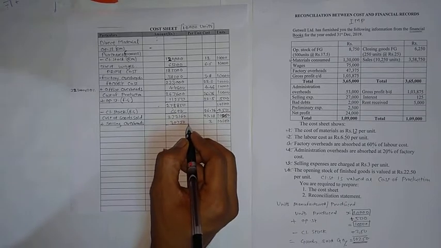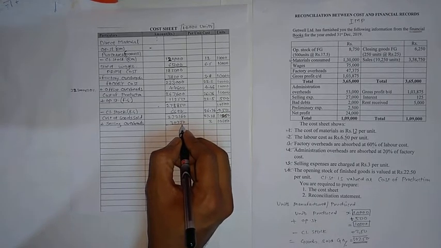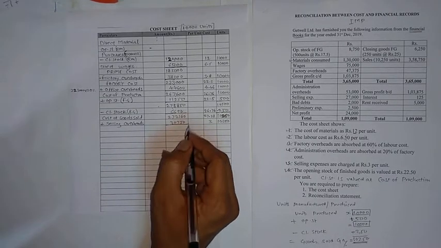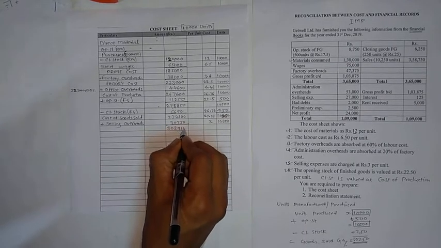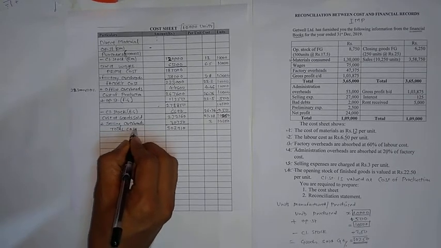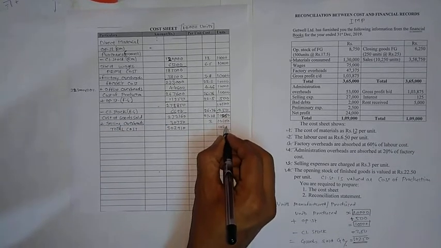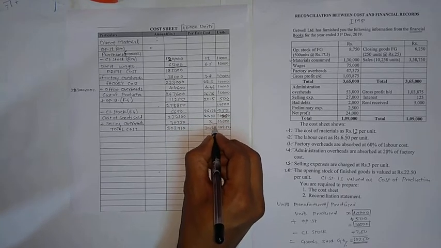So total 2,72,160 and 30,750 is 3,00,000 2910. It is total cost for 10,250 units, and this will be 30.21.